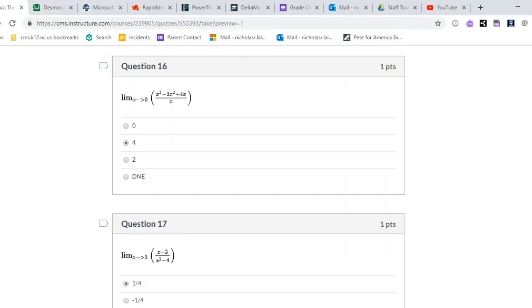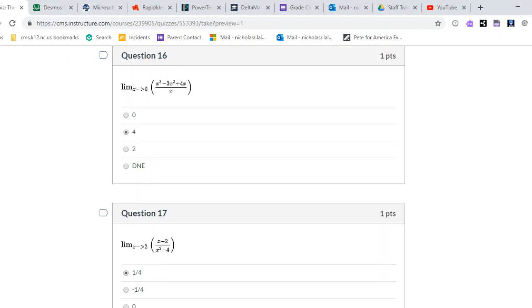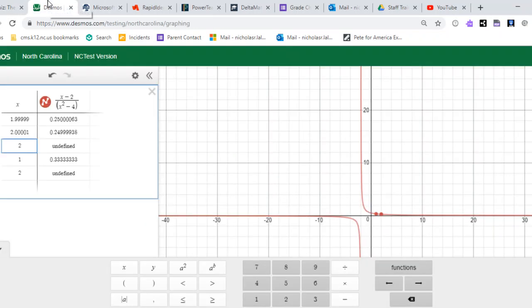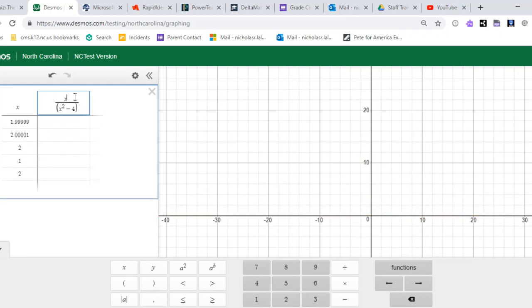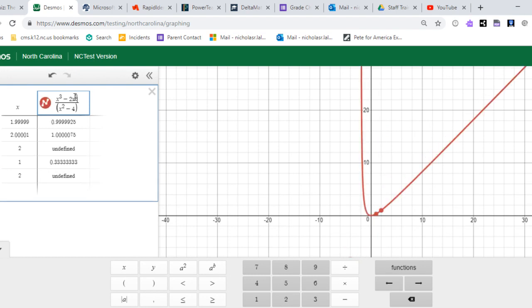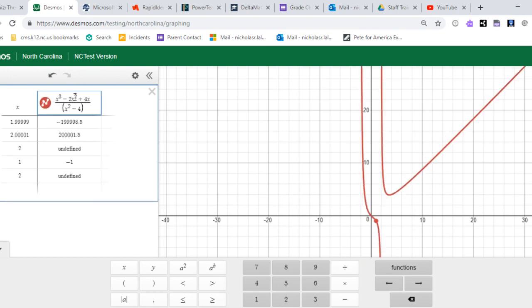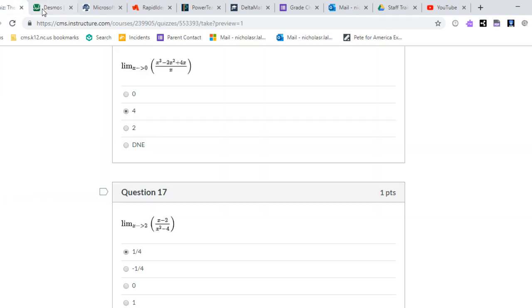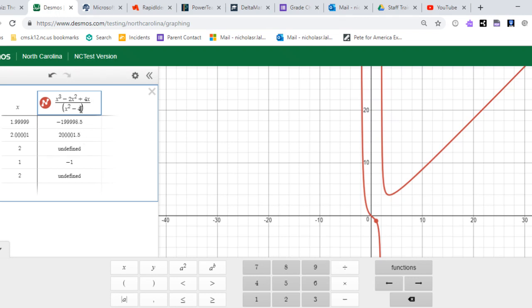Similarly, for question 16, x cubed minus 2x squared plus 4x, all over x.